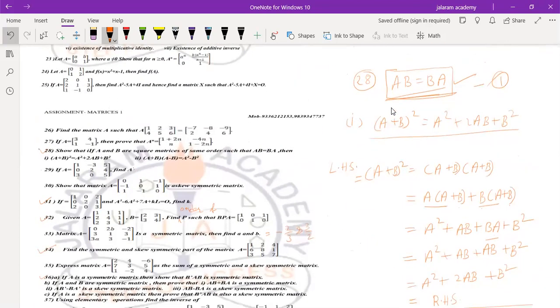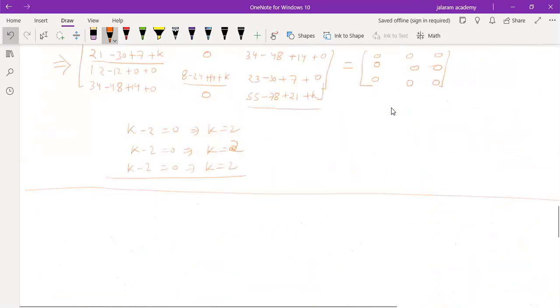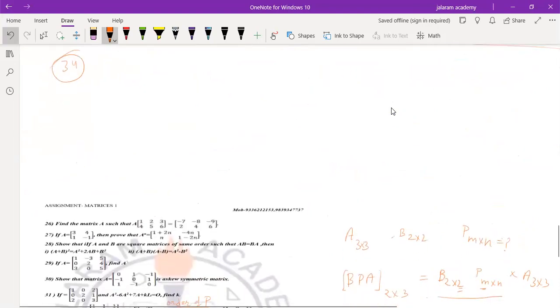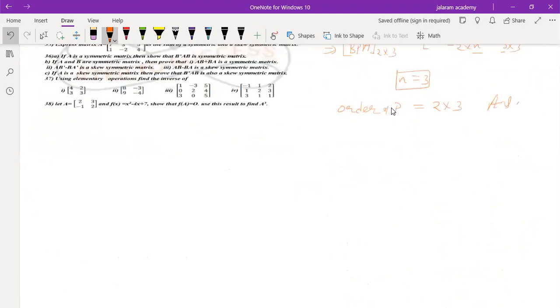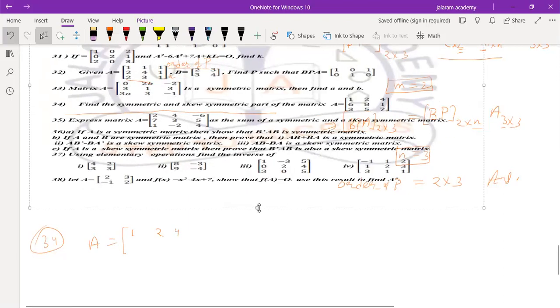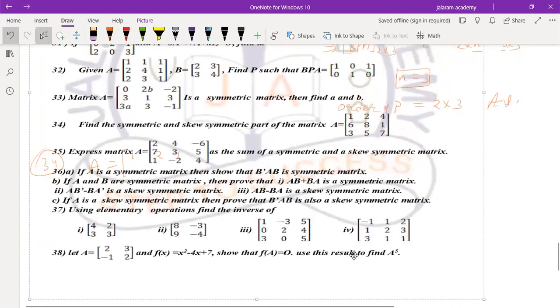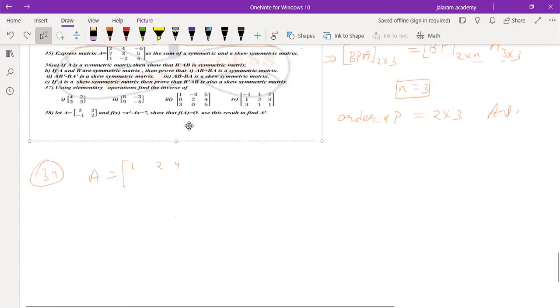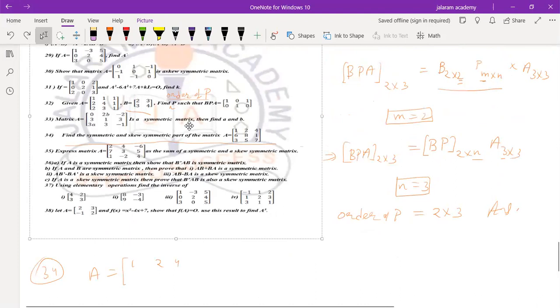Next doubt is in question number 34. Find the symmetric and skew symmetric part of the matrix A equals to 1, 2, 4, 6, 8, 1 and 3, 5, 7.